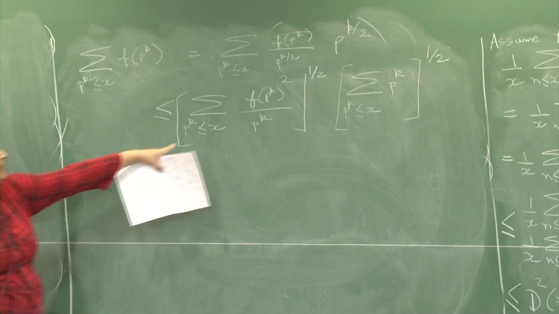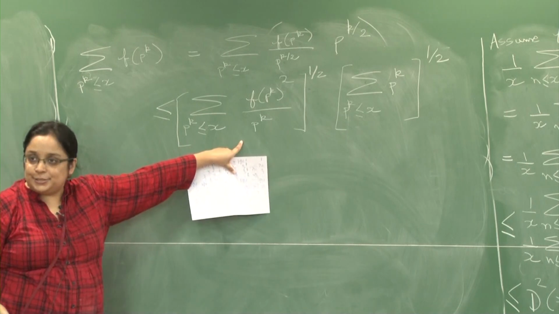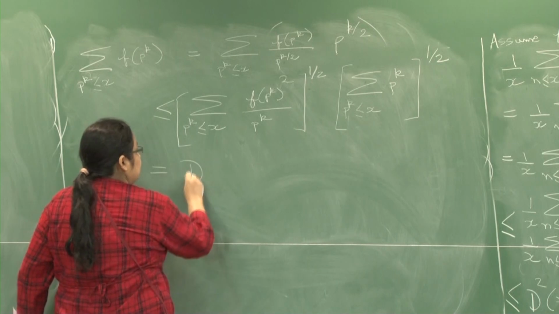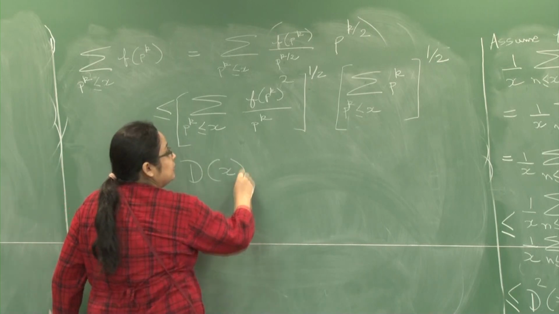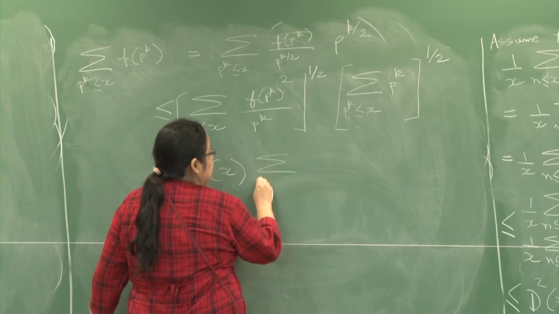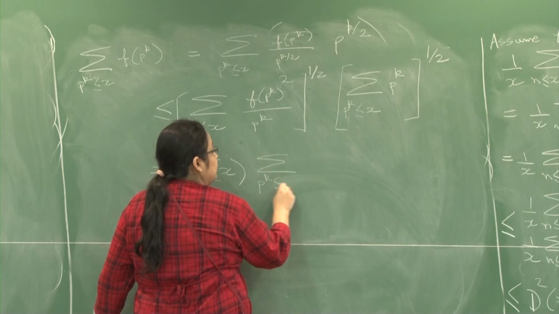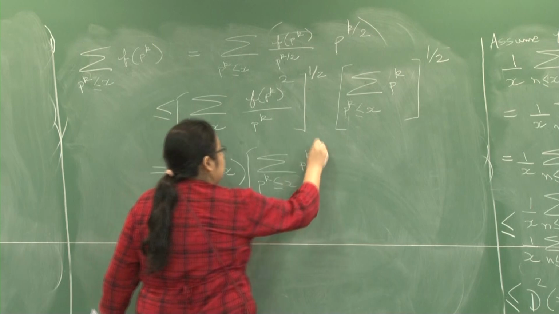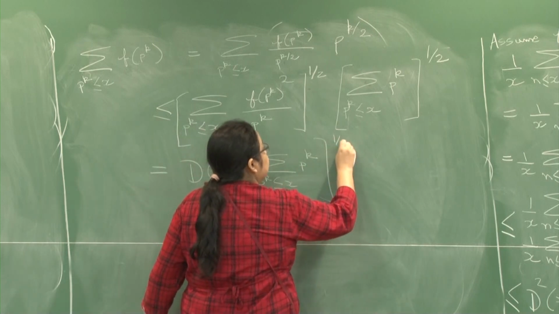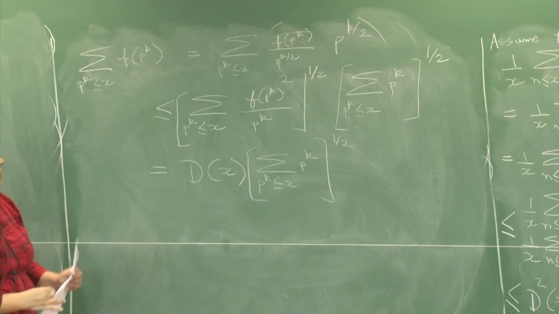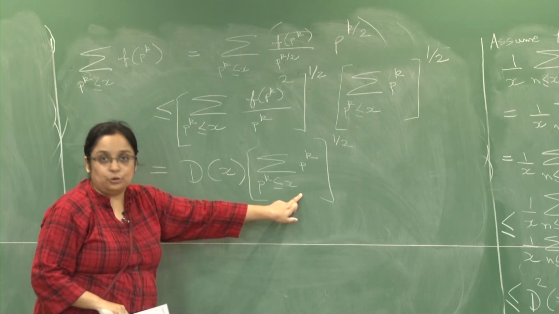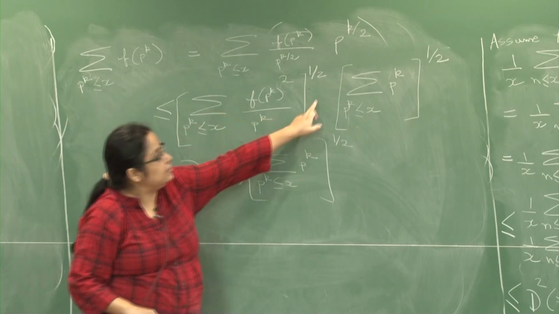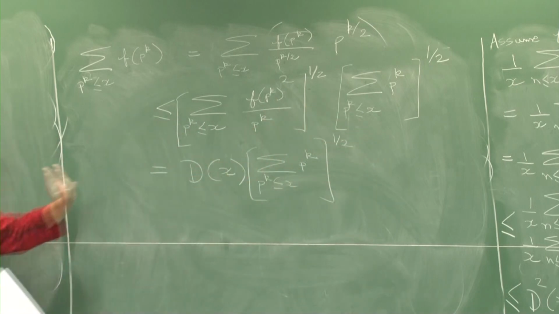What is this? This is just your d of x, isn't it? So this is just d of x times summation p raised to the k less than or equal to x, p raised to the k, raised to the half. This part does not depend on f at all. So it is only d of x that depends on f. The second sum does not depend on f at all.